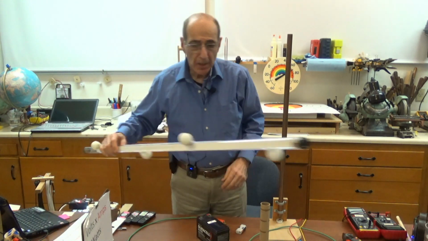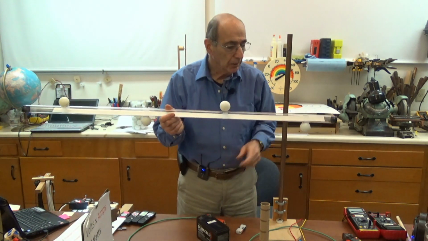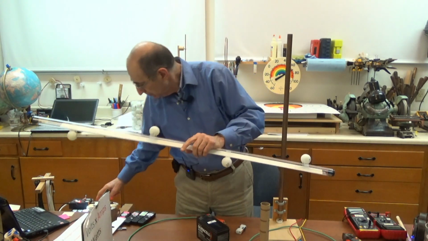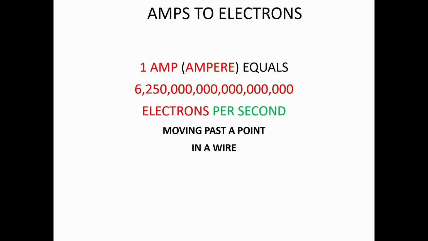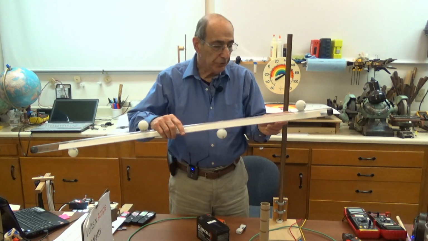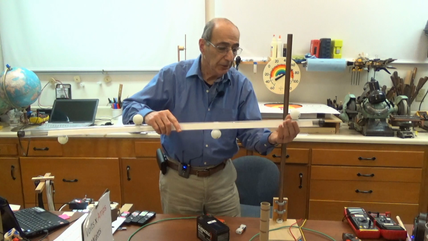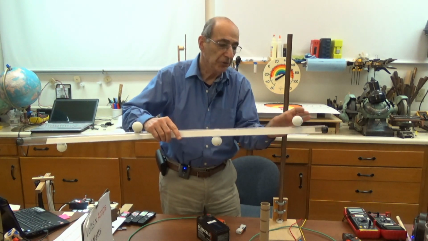So here's the inside of that wire. These ping pong balls each represent that many electrons, okay? I also want you to imagine that the electrons that each one represents are spread along here. It's not just in one spot.